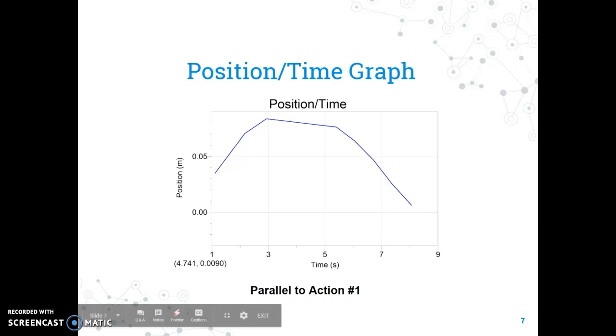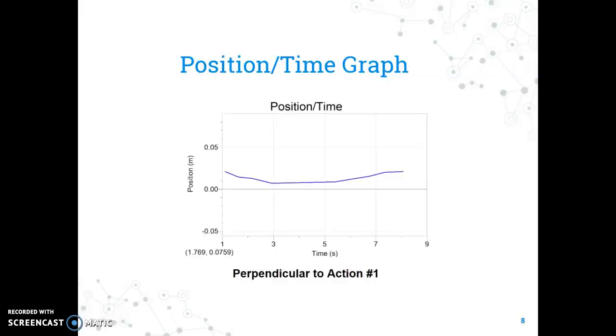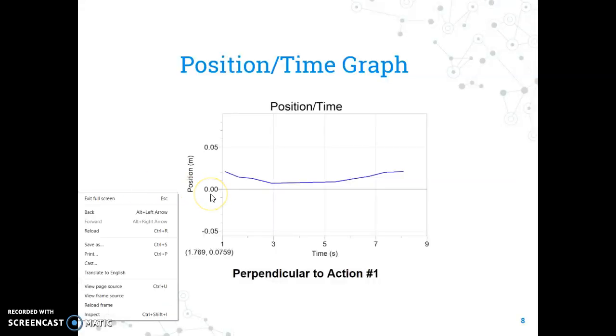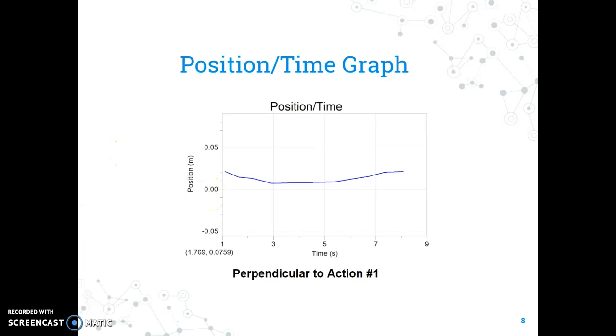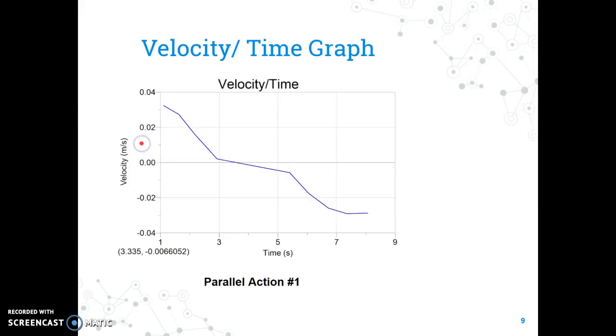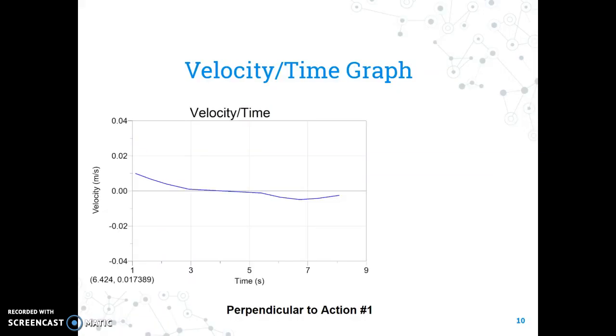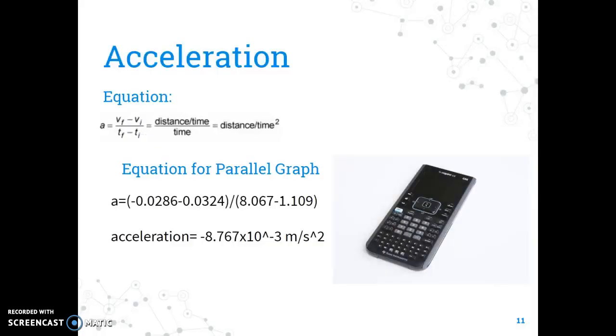Alright, so here's the position time graph for the perpendicular Action 1. Here's the position time graph for the parallel Action 1. Here's the velocity time graph for perpendicular Action 1. And yes, it's quite amazing. So here's the acceleration chart for the parallel graph.